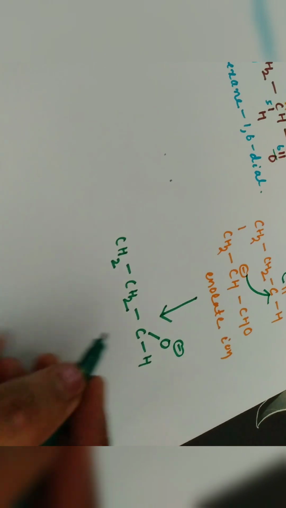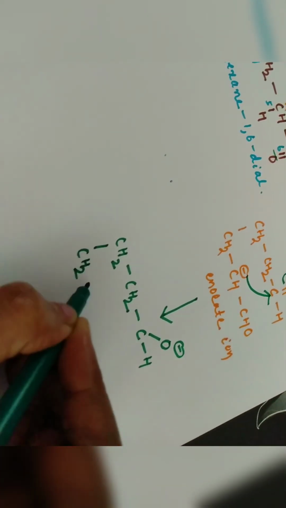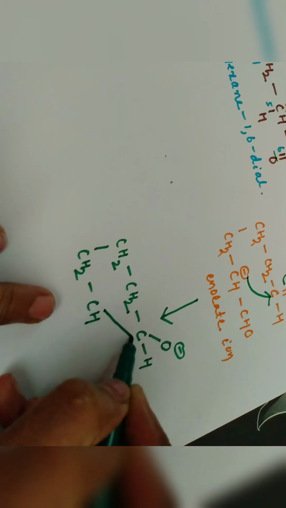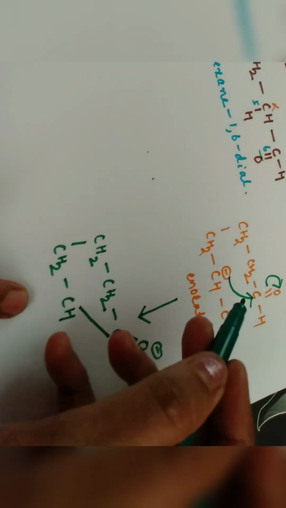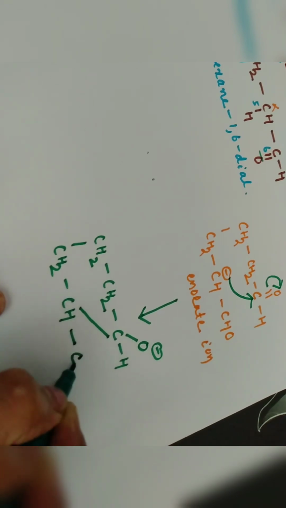Okay, and now this position is your CH2 CH. See here, where the attachment occurs between these two. Okay, this will attack this position. So now see here, now there is a CHO group.